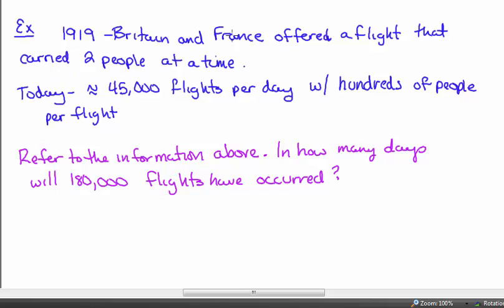In 1919, Britain and France offered a flight that carried 2 people at a time. This is extraneous information. Extraneous information means it's information that we don't need. So we don't care about that, so I'm just going to cross it out. We don't need it. Okay, today we have 45,000 flights per day. We do need this information, so I'm going to write that down.